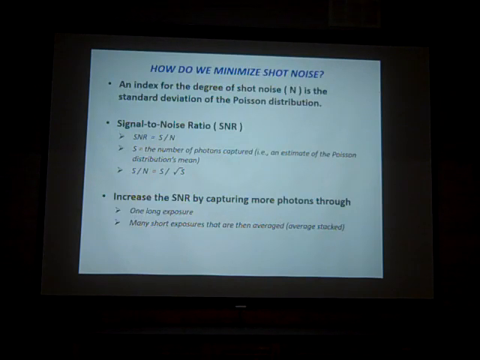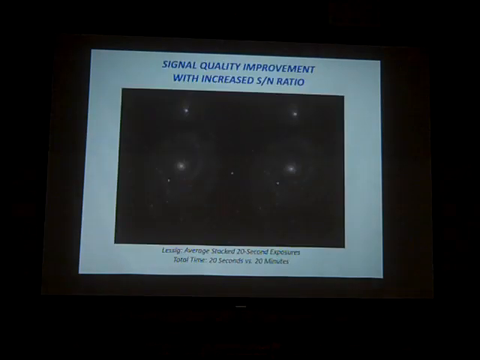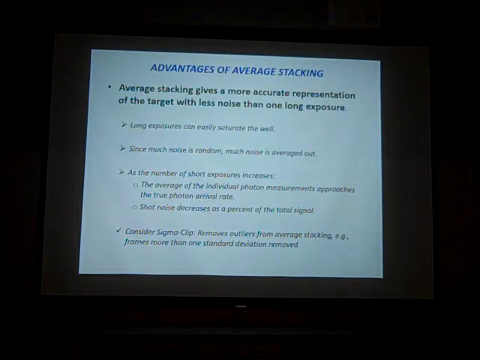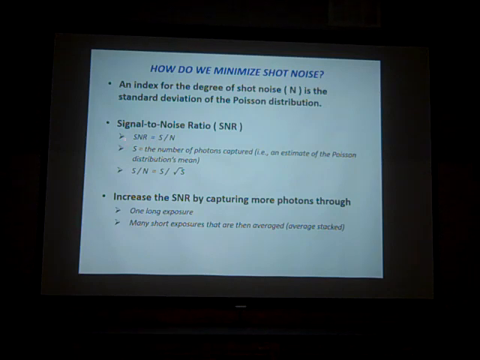Okay, so how do we minimize shot noise? Well, again, the index for shot noise is the standard deviation of the Poisson distribution, N. A useful index for this shot noise is what we call the signal to noise ratio, which is simply the signal divided by the noise.